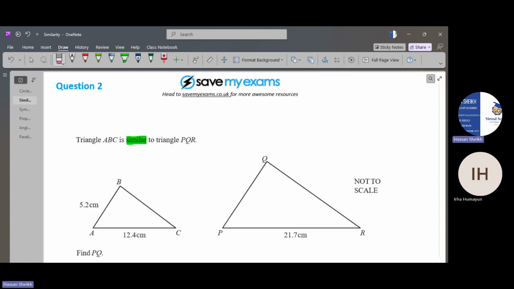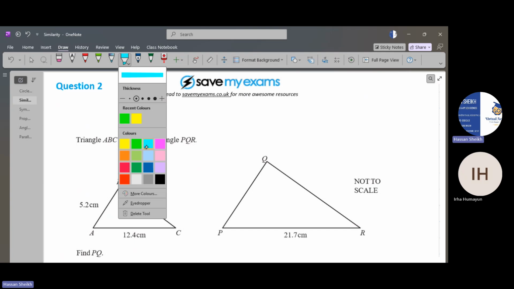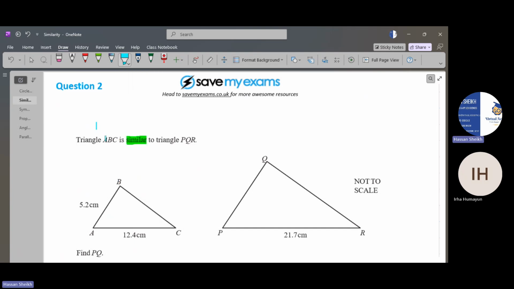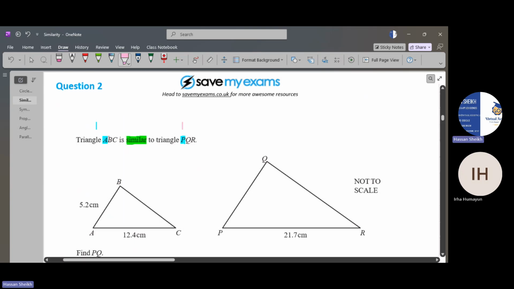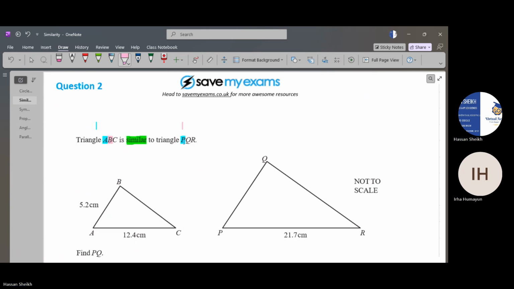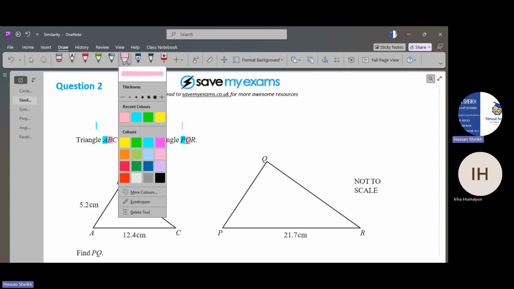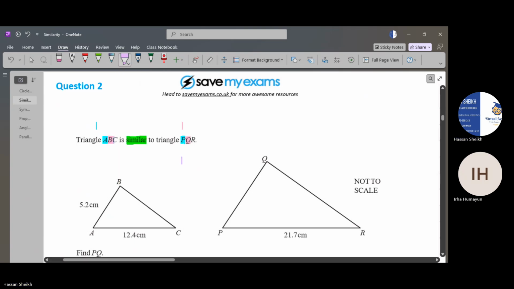The other point is that the way they write the name of these triangles, you need to extract the corresponding side. So A corresponds to what in PQR? P. Exactly. And then B corresponds to Q, and R corresponds to C.